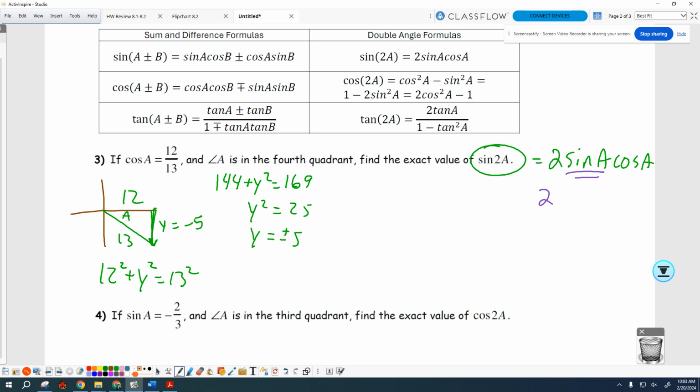Negative 5 over 13. Serene, looking at the picture, what is cosine of A? 12 over 13.